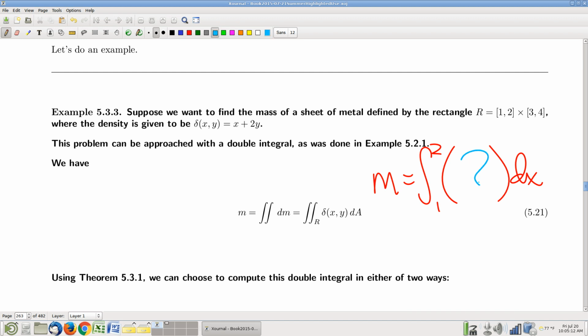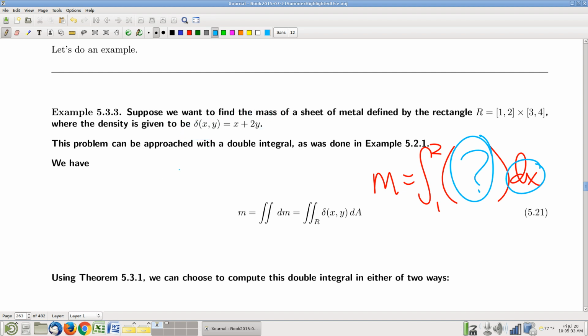What is this thing that goes in here? What is it that you multiply by length to get mass? You might say, well, mass per unit length. But I'm not given mass per unit length. I'm given mass per unit area. So this is fraught. It is not clear how to proceed here.